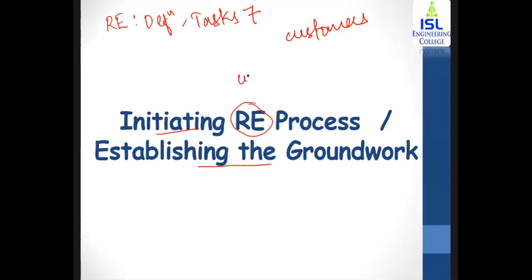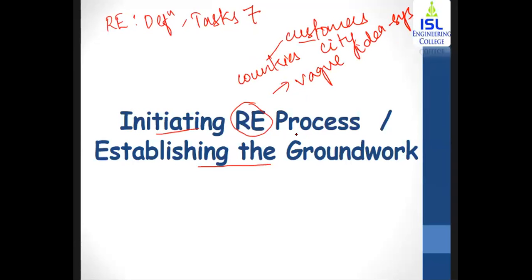They can be located in different countries or different cities, or there is another possibility that they have very little knowledge about what system needs to be developed, what type of system they want, or they may have limited technical knowledge, or there is limited time to interact with the requirement engineer.